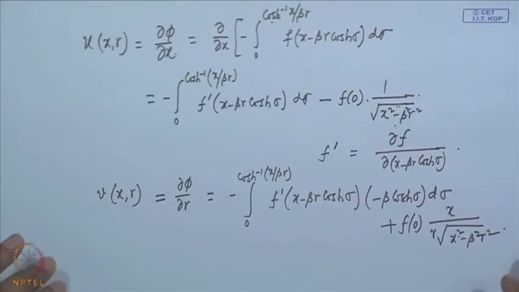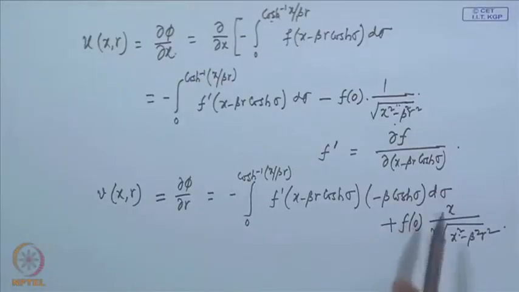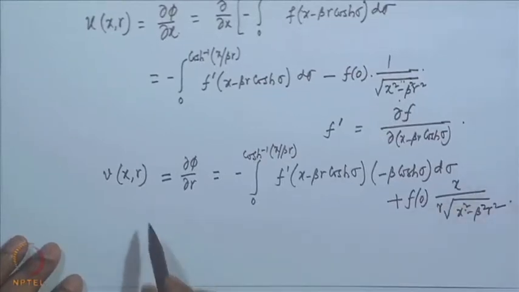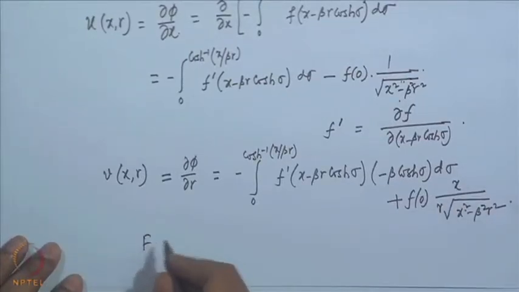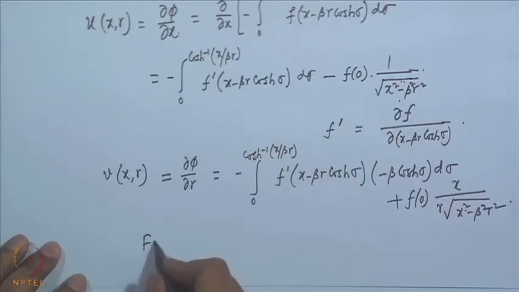Now, we will see that f 0, which represents the value of the source distribution at the origin or at the tip, becomes 0 if we have a pointed body. So, we will have somewhat simplified relations for u and v when we have a pointed body.